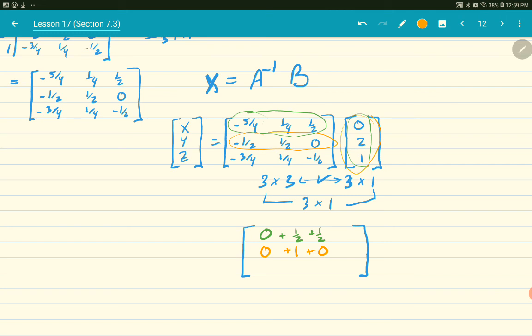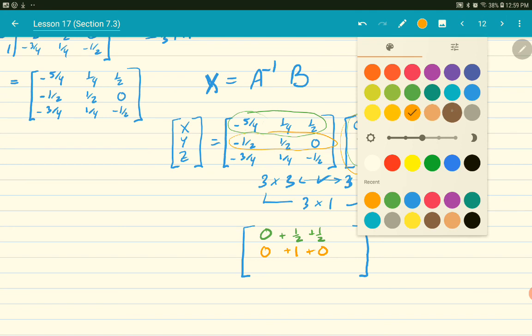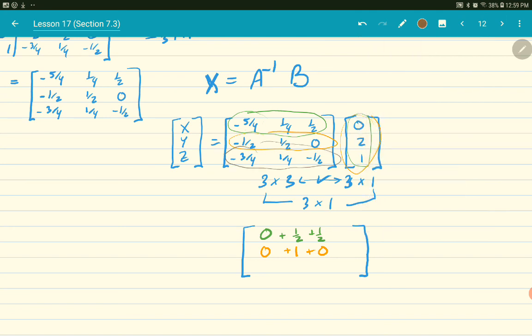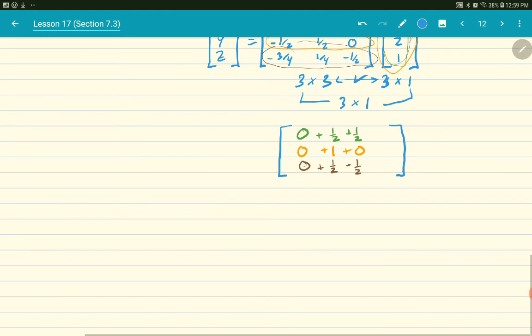And then the third row times that first column, and we get negative 3/4 times 0 plus 1/4 times 2, so that's 2/4, or 1/2, and negative 1/2 times 1, which is minus 1/2. So I get x, y, z equals 0 plus 1/2 plus 1/2 gives me 1.